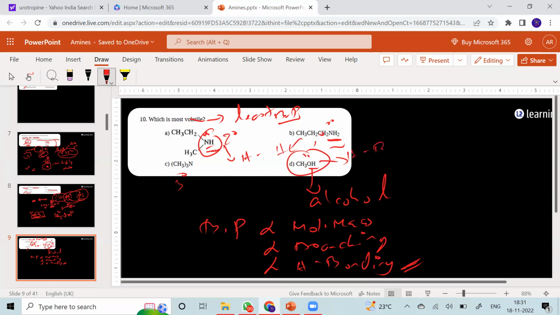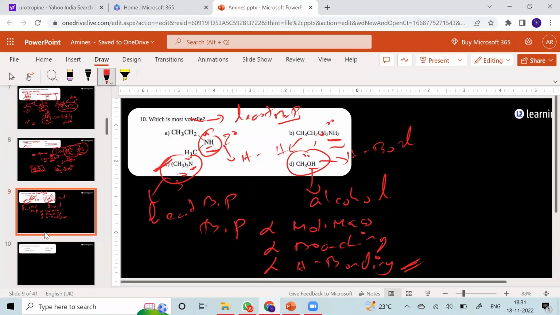But if you check this one, it has a lone pair, but nitrogen does not contain any hydrogen. So this cannot be involved in hydrogen bonds, whereas all the others can. So this is the one which is going to have the least boiling point, and that is going to be the most volatile one. C will be the answer. Moving on.